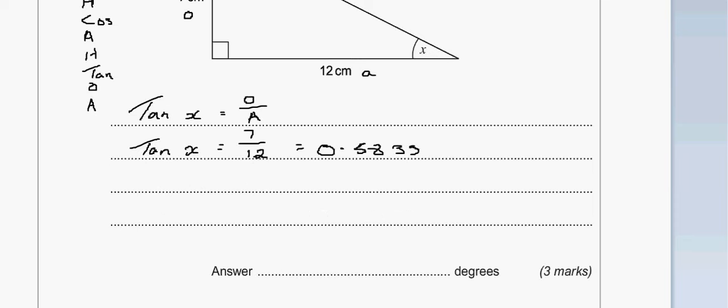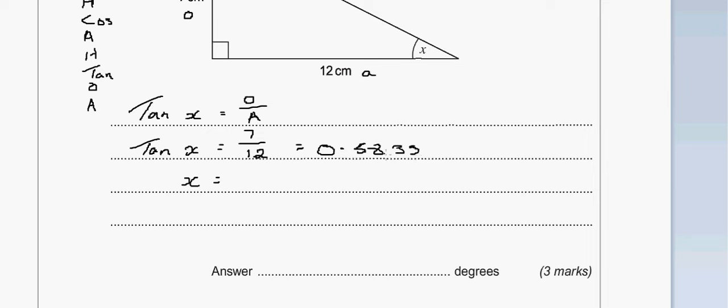Now obviously this angle can't be 0.5833 degrees, so what we need to do is find what the angle is.